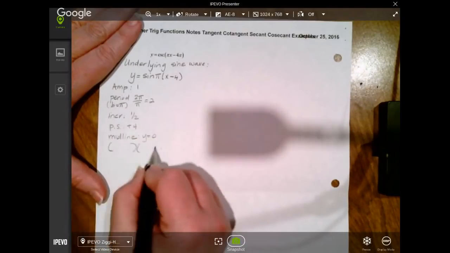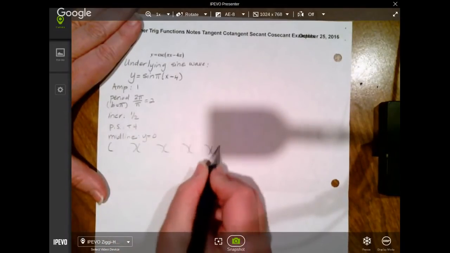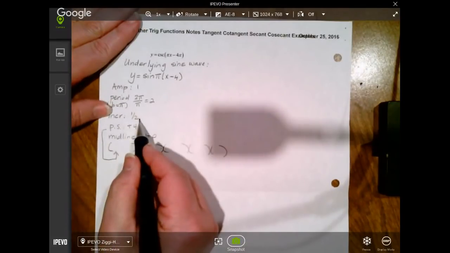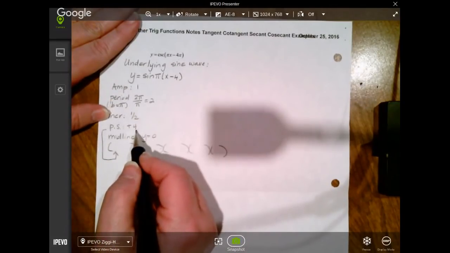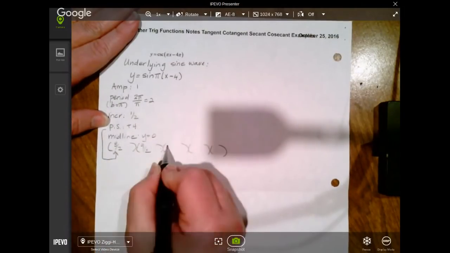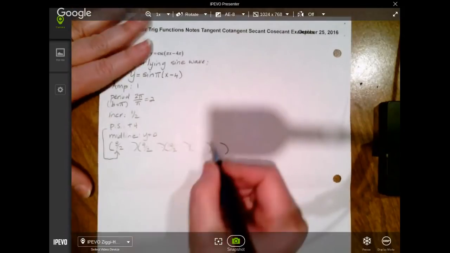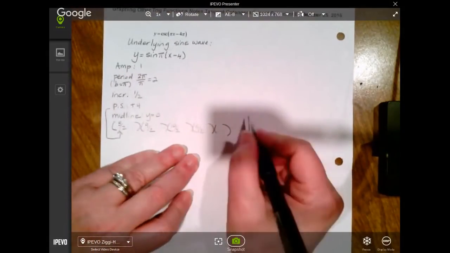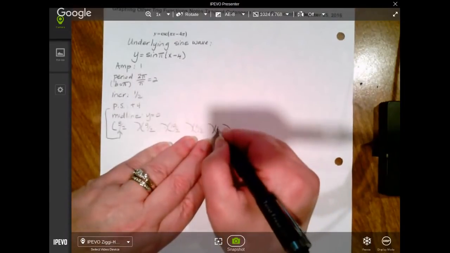And then I need some critical points. And then we're going to start at the phase shift, but we're adding 1/2 every time. So I'm going to change 4 into halves, and that's going to be 8 halves, and I'm going to add a half, 9 halves, 10 halves, 11 halves, and 12 halves.